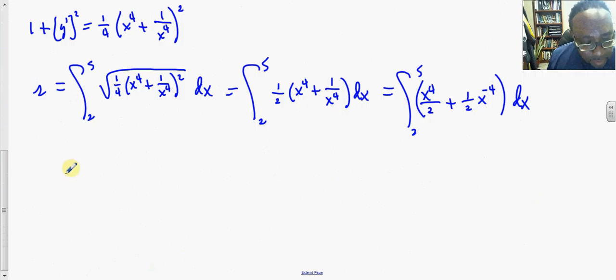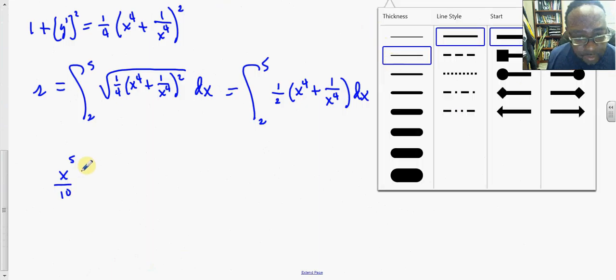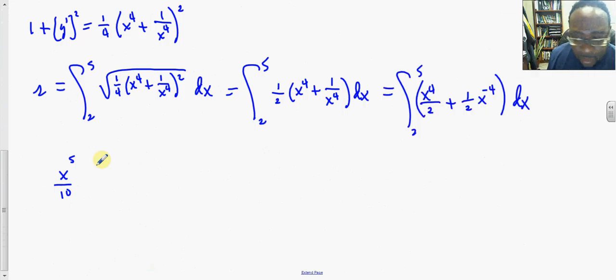So we integrate, so this is x to the 4th plus 1 is x to the 5, all over 5 times 2 is 10. So again, plus, we integrate that x to the negative 4. There's x to the negative 4 plus 1.